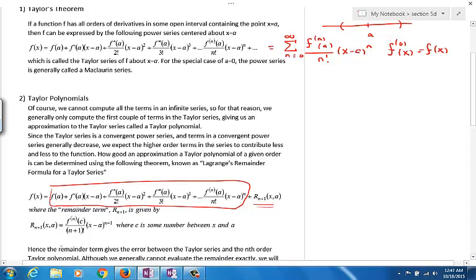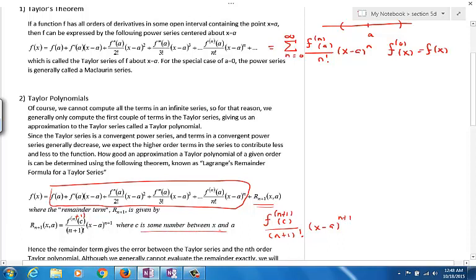And the remainder term is written as this, which is actually the n plus 1 derivative. Let me rewrite this. It's the derivative of order n plus 1 evaluated at c, over n plus 1 factorial, times x minus a to the n plus 1, where c is some number between x and a.